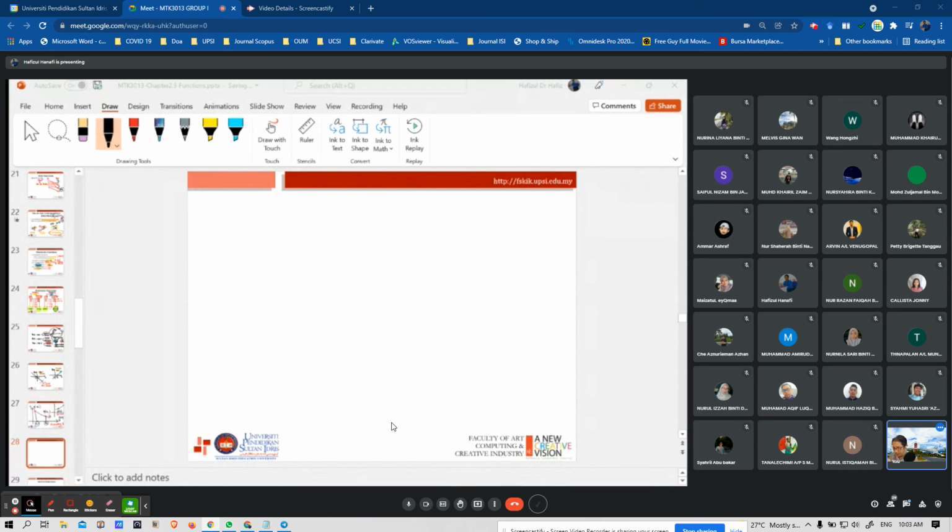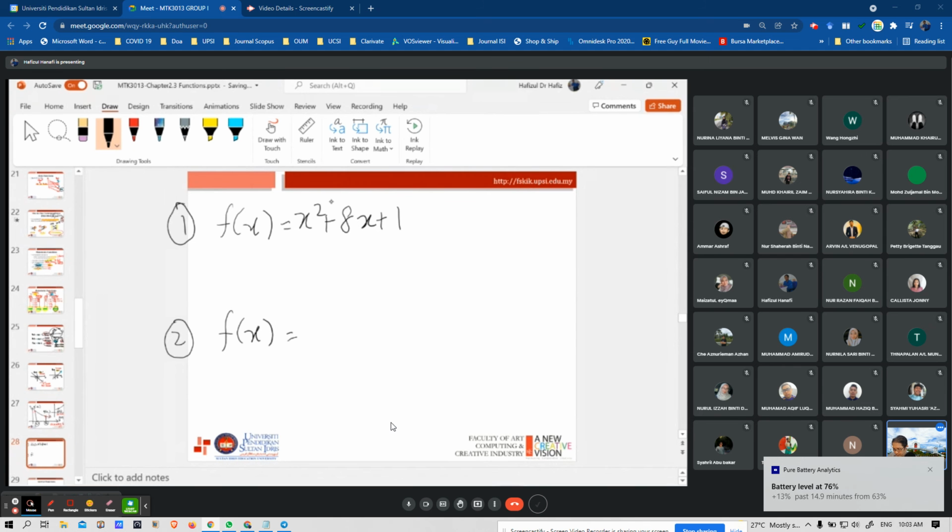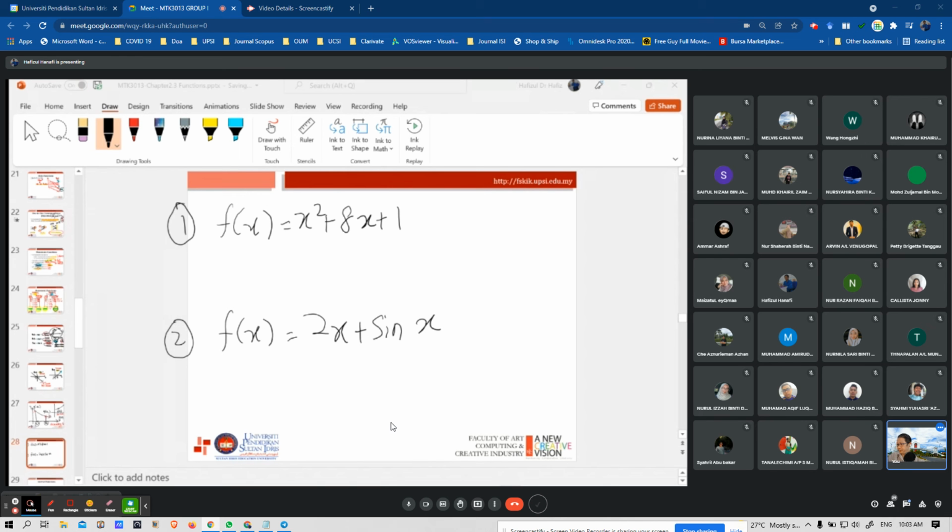We have f(x) equal to question one. Okay, if a function is monotonic, then the function is one to one and therefore has the inverse. Later we see inverse function.